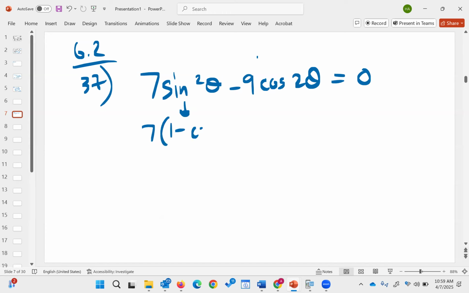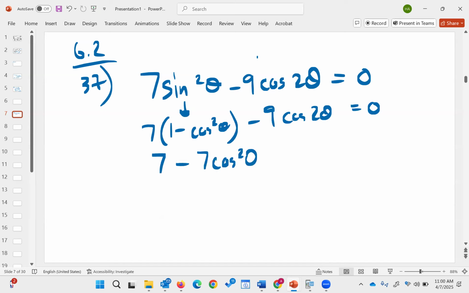Let's see. I can change this into cosine: 1 minus cosine squared theta. Is that true? Can I do it like that? So by the Pythagorean theorem, I can change that into cosine. Cool. So 7 minus 7 cosine squared theta minus 9 cosine. Oh, hold on. Now I see a cosine 2 theta. I don't like that. I want these all in unit values of my angle.